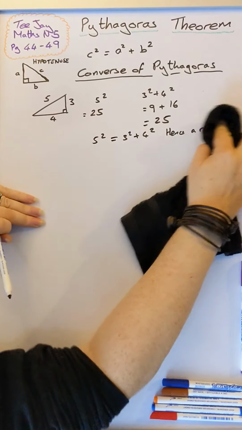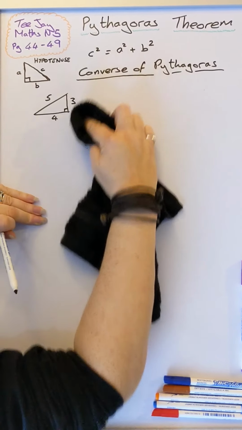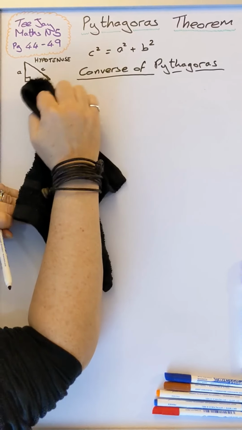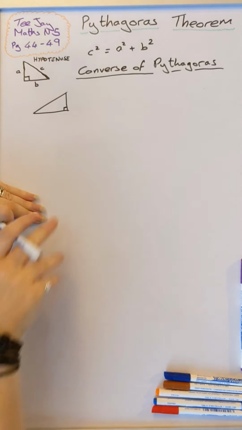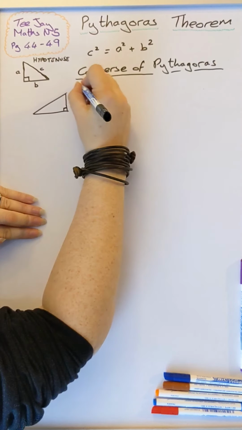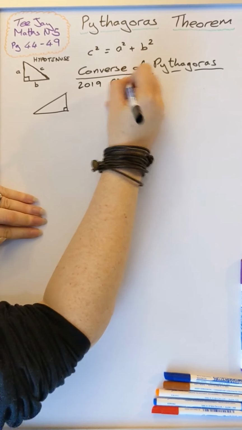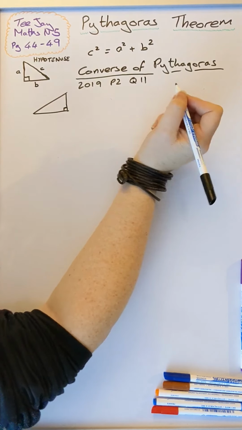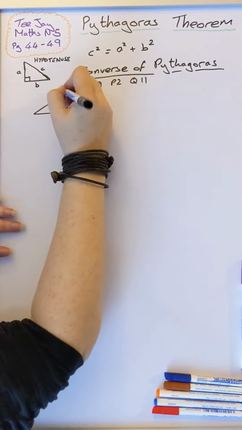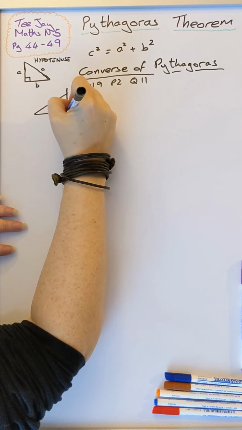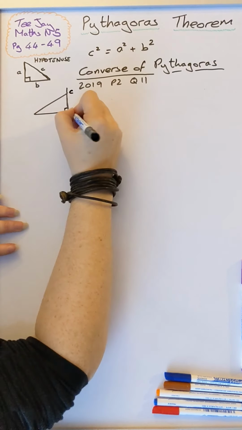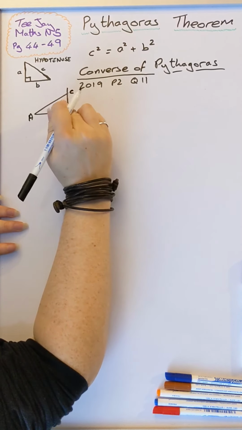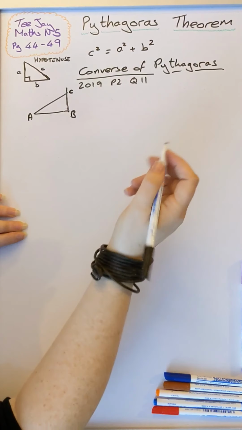So what I'm going to do now is have a look at a question from the 2019 paper. So this is the last paper that people sat, and it's paper 2. So the 2019 paper 2, question 11. Students were told that a diagram shows 3 places, A, B and C. We don't know if it's right angled, so I'll take that right angle out.